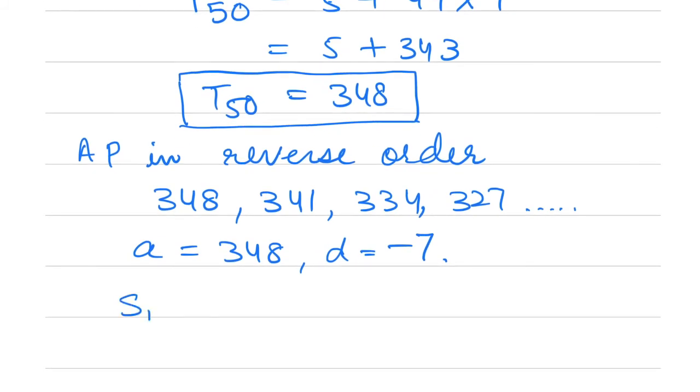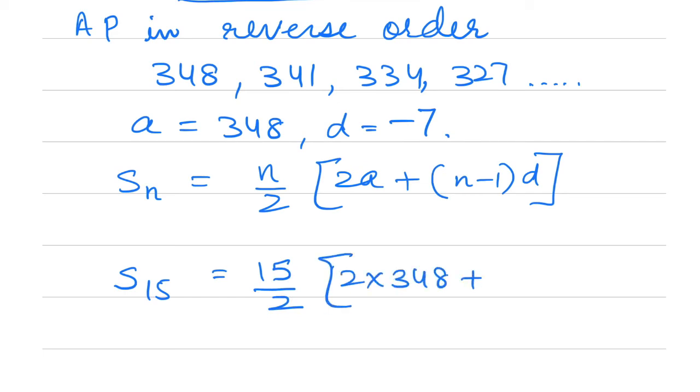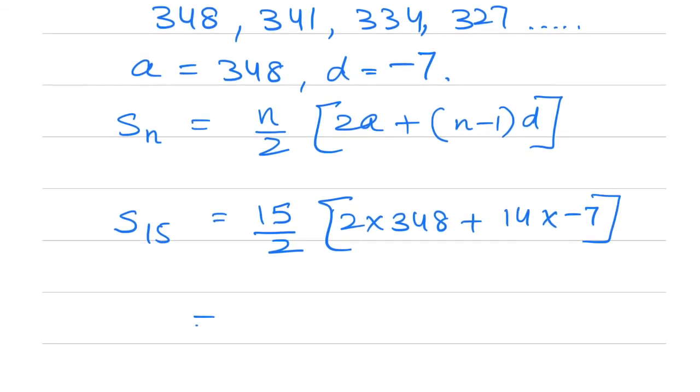Now we know Sn is equal to n by 2 into 2a plus n minus 1 into d. Now we have to find the sum of 15 terms. So 15 by 2 into 2 into 348 plus 14 into minus 7. So this is equal to 15 by 2 into 696 minus 98.